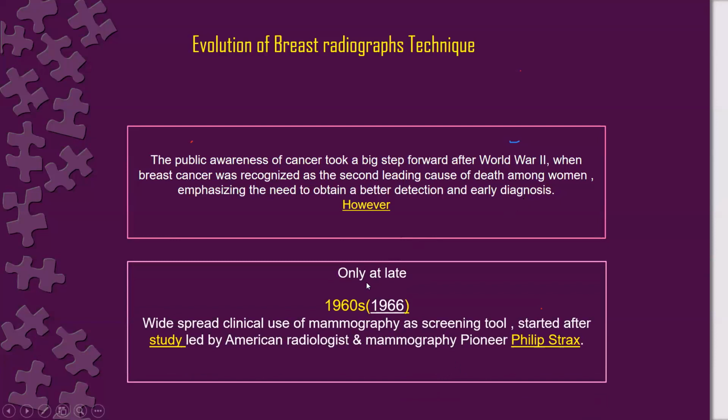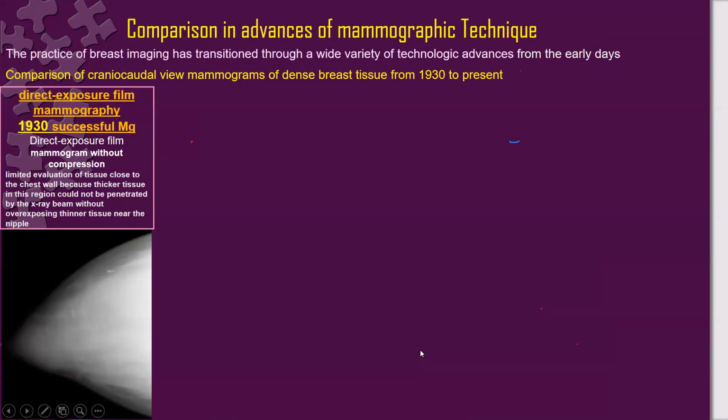However, only in the late 1960s, about 1966, widespread clinical use of mammography as a screening tool started after the study led by the American radiologist and mammography pioneer Philip Strax. So screening mammography started since the late 1960s.